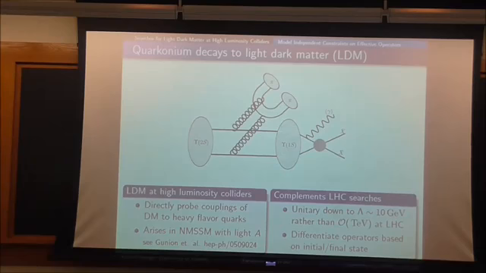And so this also complements monojet searches, because at least if you want to keep the matrix element unitary, you know that your mediator scale that's suppressing these dimension 6 or dimension 5 interactions, you need that to be around the characteristic energy scale of your process.